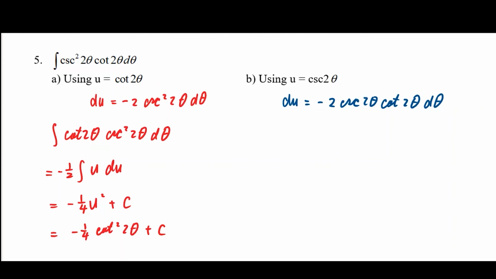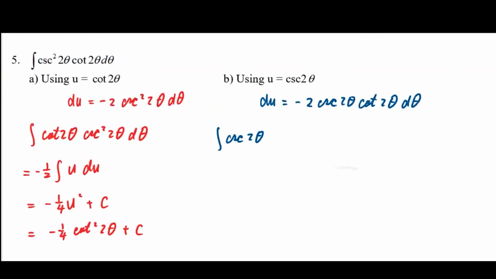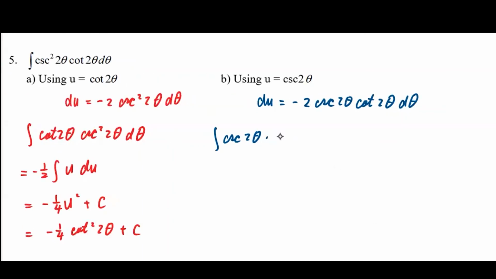Now, then this given integral, let me write it this way so you can recognize it. I'm going to write cosecant theta and cosecant theta, cotangent theta. Now, why the hell would you want to do that? Watch this.